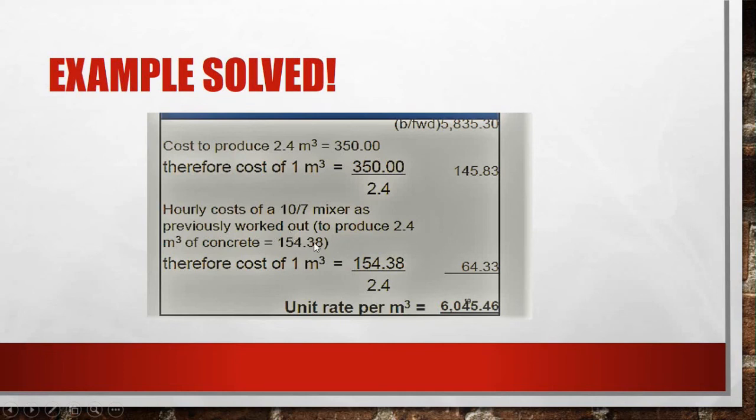If 2.4 meter cube is the same as 154.38 Kenya shillings, what about working for 1 meter cube of concrete? You divide by 2.4, you multiply by 154.38, and you're going to get this value, which is 64.33 Kenya shillings.